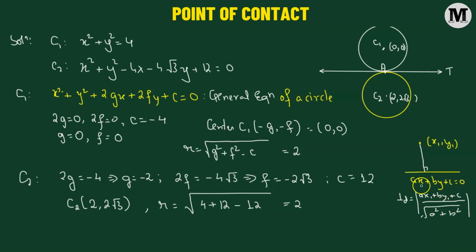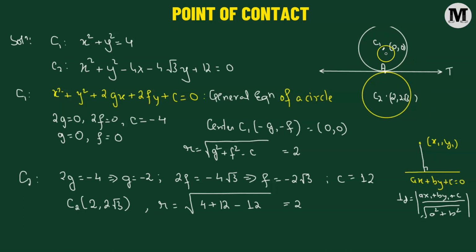All we have done is take the coefficient of x of the straight line and multiply with the x coordinate of the point, then add the coefficient of y, which is b, multiplied with the y coordinate of the point, add the constant c, and divide by the square root of a squared plus b squared. A and b are the coefficients of x and y of the straight line.